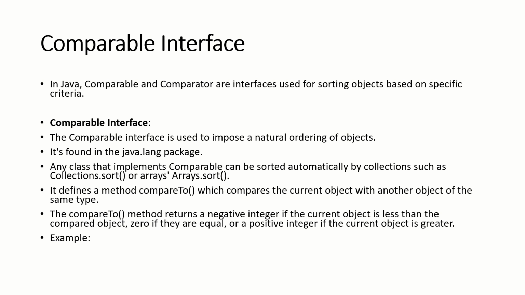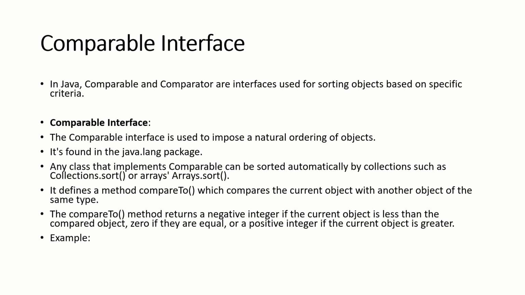Then you can directly implement Comparable in that class, and using Collections.sort, you can sort the list of persons based upon the age or the name that you want. We are going to discuss those things in this video, so don't worry about that. Any class that implements Comparable can be sorted automatically by Collections.sort or Arrays.sort.